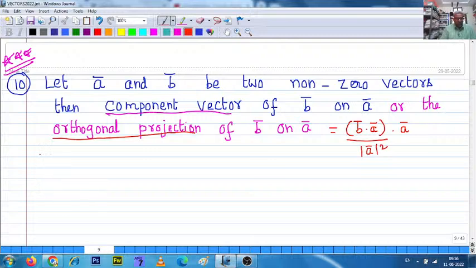Right. So next, let us write the 11th one. This is also very, very important.